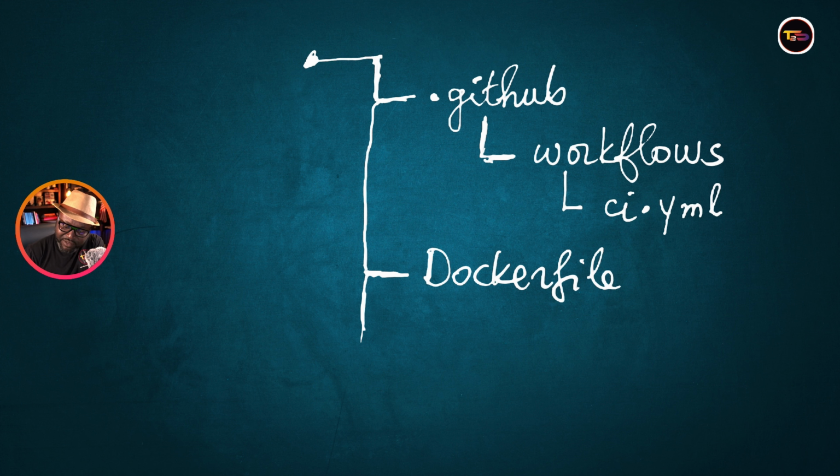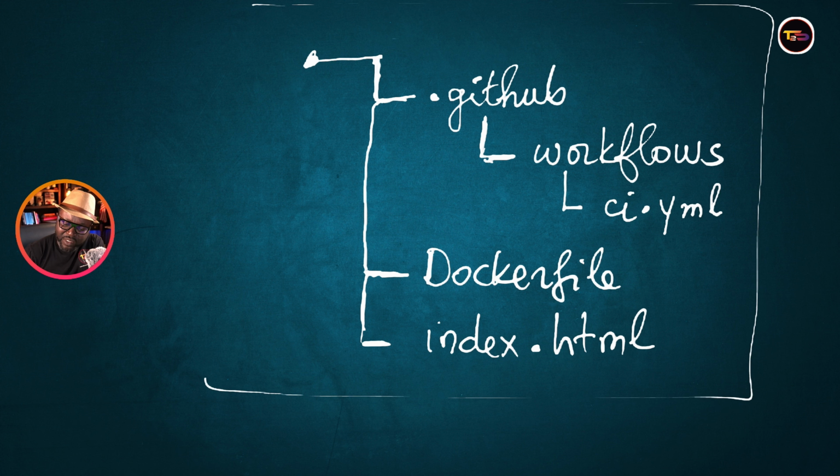And then the next file that we need to create is an index.html file, because this is going to be a web application. So this is how we will structure our environment.